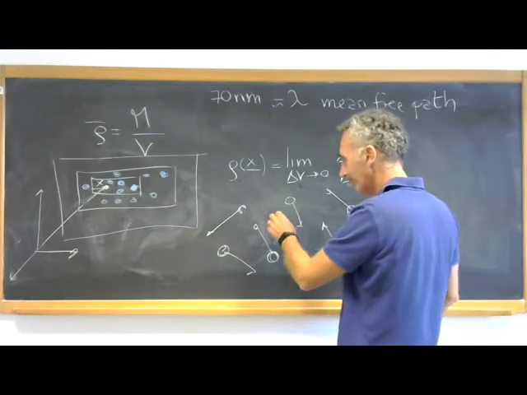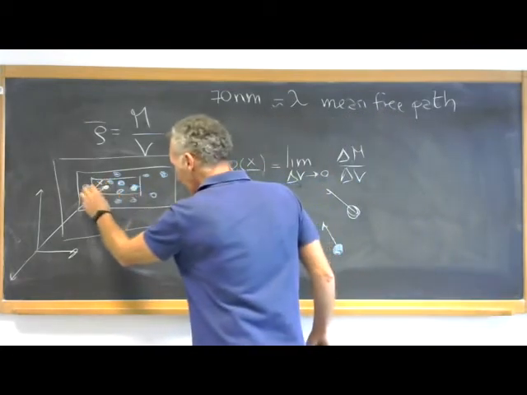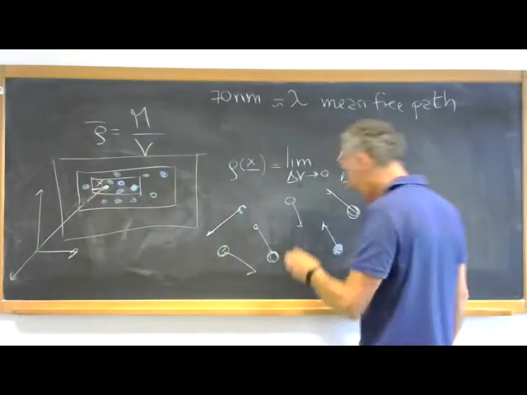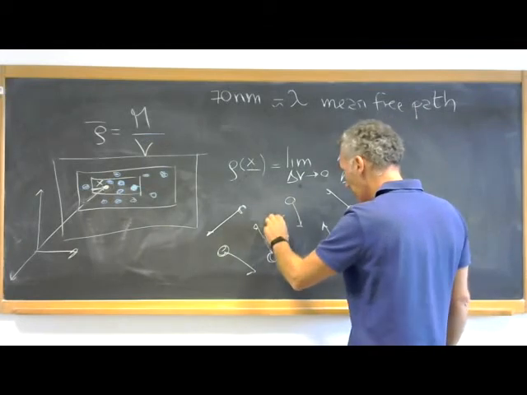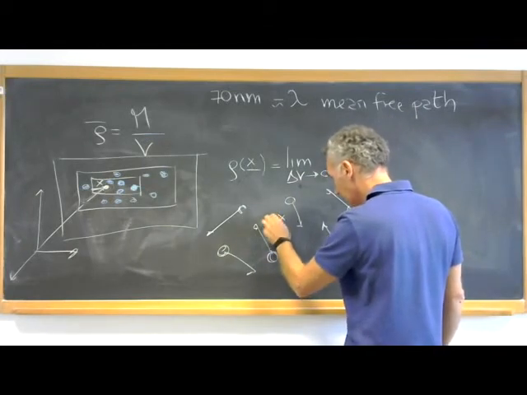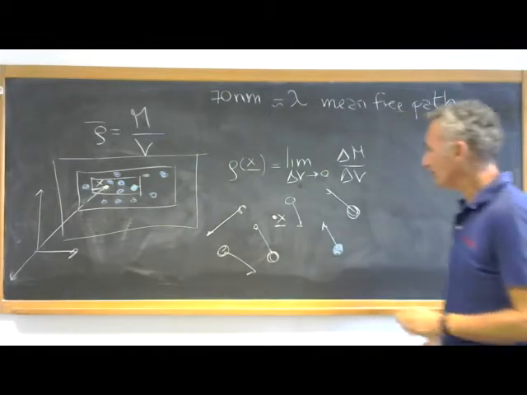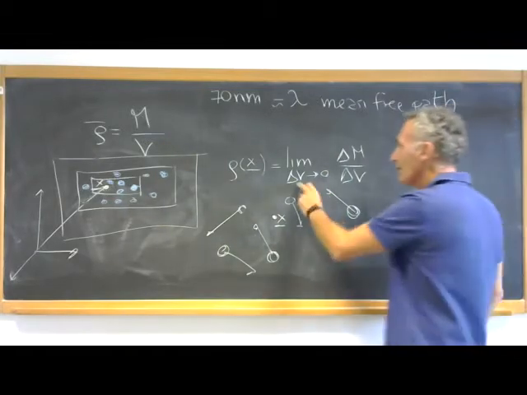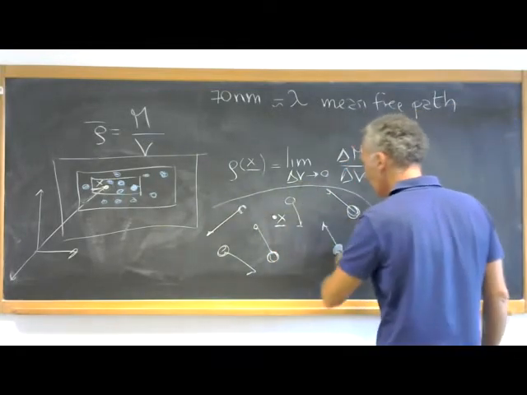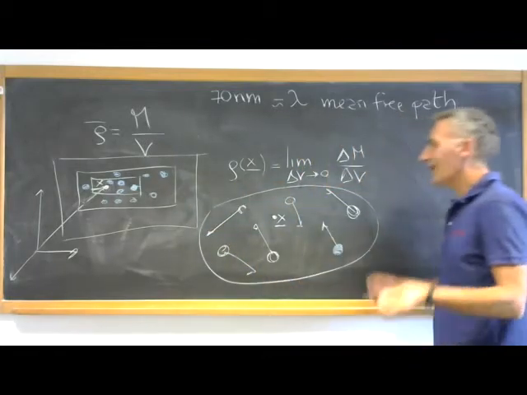So, assuming that the point x that we would like to probe is this one, then this volume would be this one first, and there is no problem here.